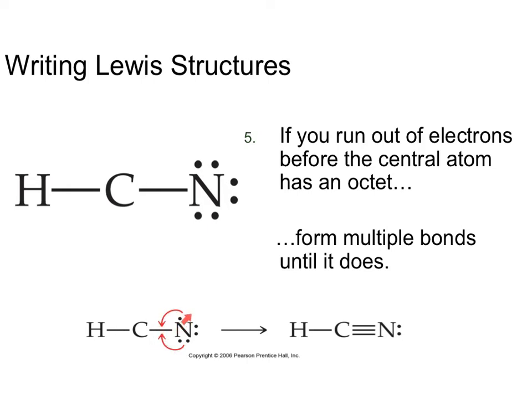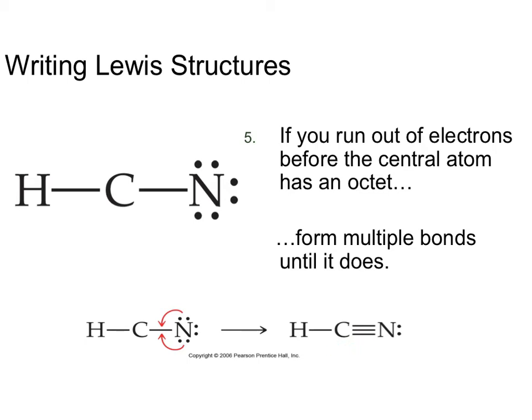And so instead of being a non-bonding pair, this pair of electrons is now going to form an additional bond between carbon and nitrogen, and so this pair will form an additional bond. And so what we have is what we call a triple bond between carbon and nitrogen. Rather than just one bond connecting the two, we have 6 electrons forming 3 separate bonds between carbon and nitrogen.